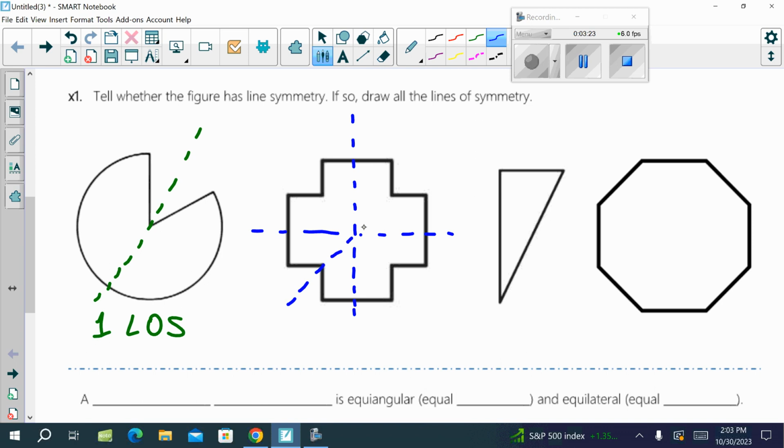And you could draw diagonally both sides, correct? So that would be 4 lines of symmetry. All right, what about the right triangle? Does that thing have any lines of symmetry? No. So this is no lines of symmetry.